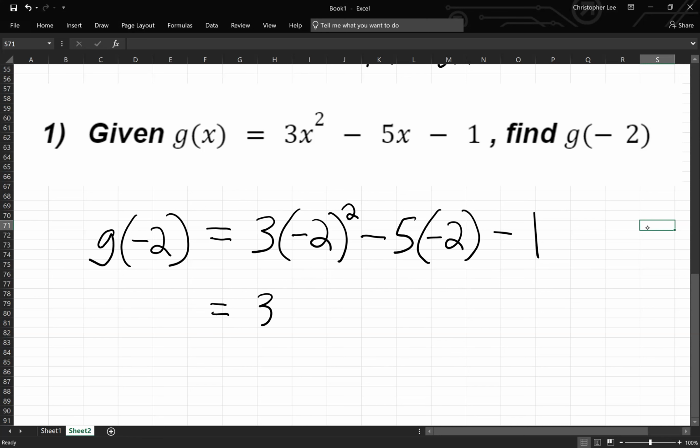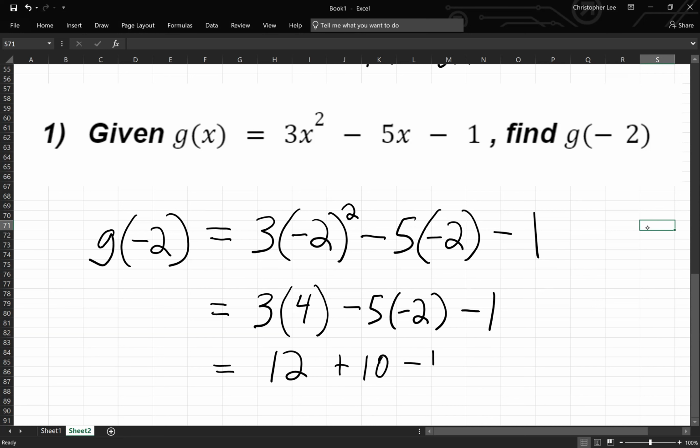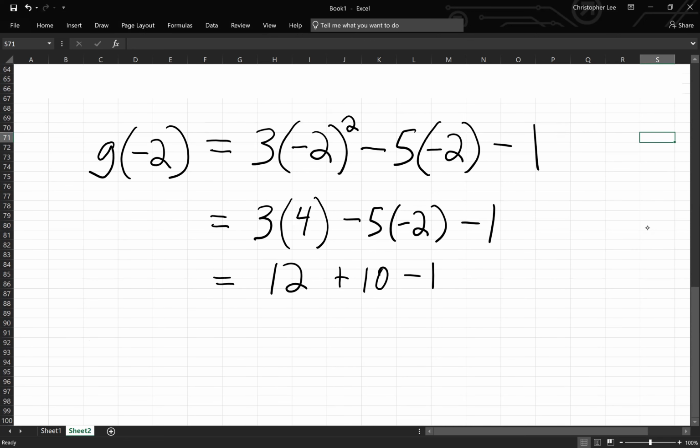So this becomes 3 times what? 4, right? -2 squared. And then minus 5 times -2 minus 1. And then you just do the multiplication next. So what's this? 12 plus 10 minus 1, right? Because -5 times -2 is positive 10. And we just add these two. I think this is like what, 22 minus 1, so 21, right?